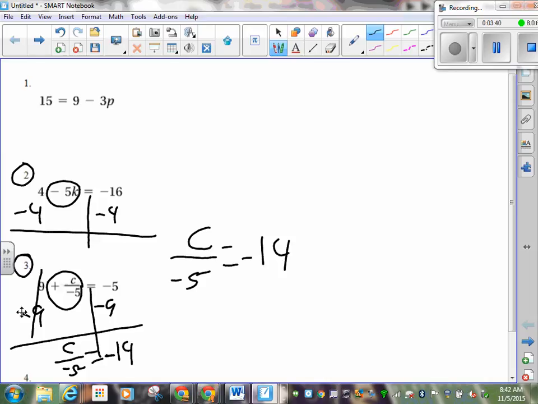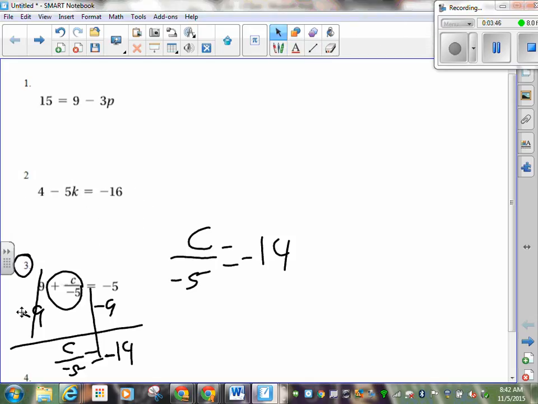We did this last week. And with this type of problem, this line right here means divide. So what's the opposite operation of divide? Survey says what? Multiply. So I'm going to multiply both sides by negative 5.